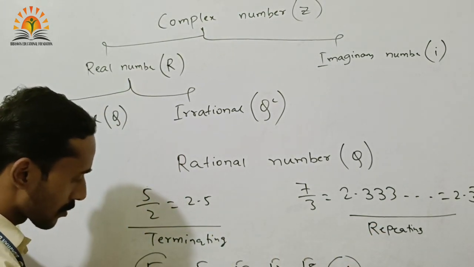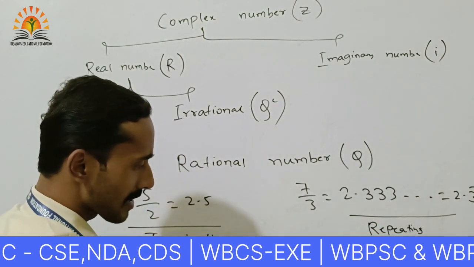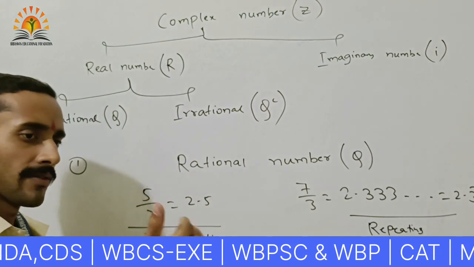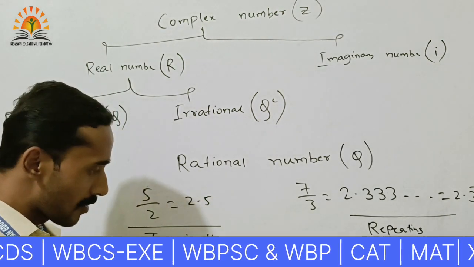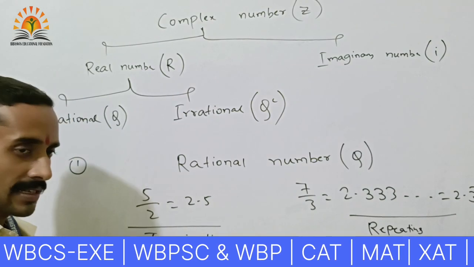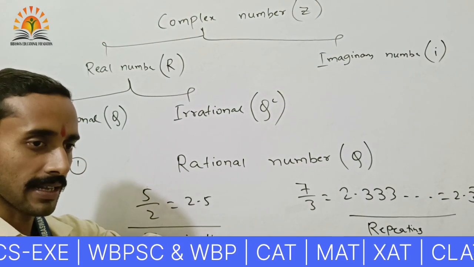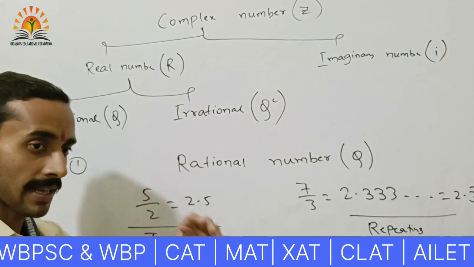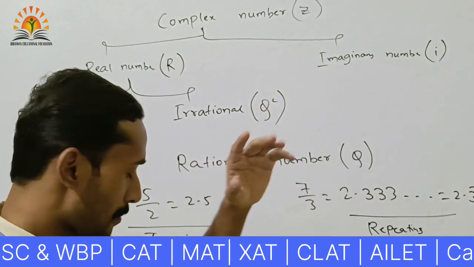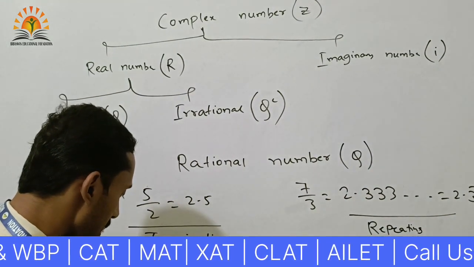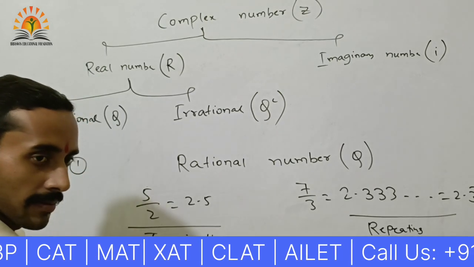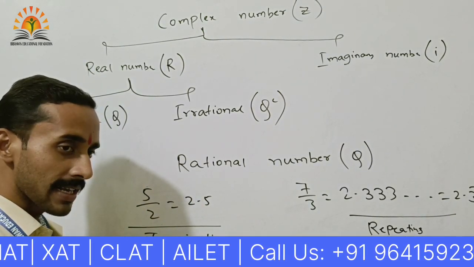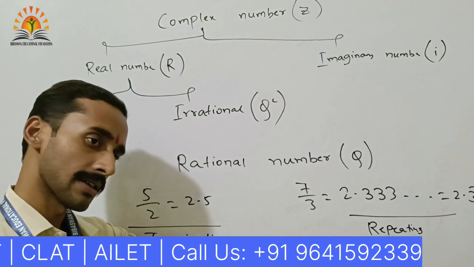If we find the value of root 2, root 3, root 5, root 7, root 8, root 11, root 12, any number which is not a perfect square, its value always comes out neither terminating nor repeating. So these numbers are considered irrational numbers. Besides that, pi is also an irrational number, because pi is neither terminating nor repeating.